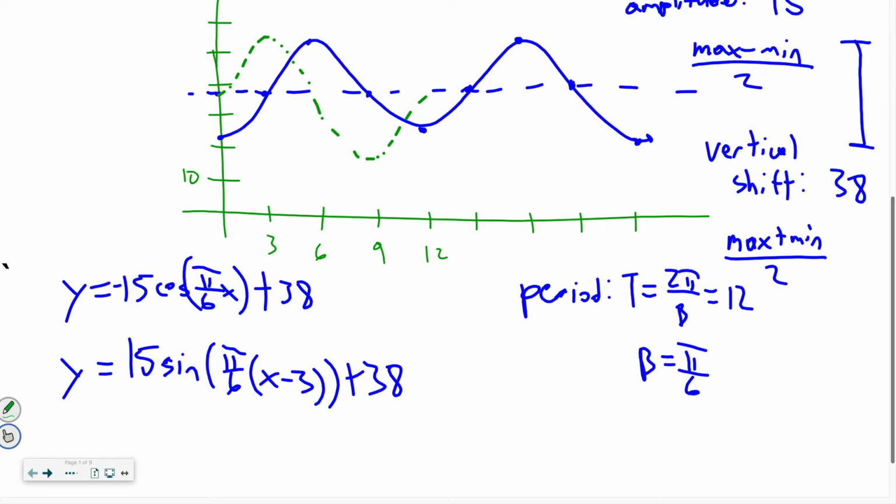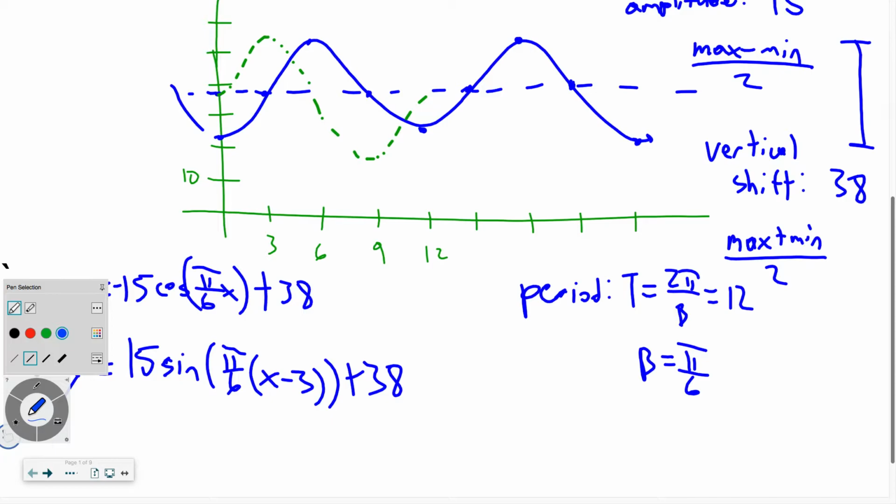Yes? Would it work if you did negative 15 sine and then x plus 3 in parentheses? Yes. So I said, what if I had a minus sign here and had that be a plus? That would work because negative sine starts going downwards, and if we continue this over here, we would have to shift our graph.